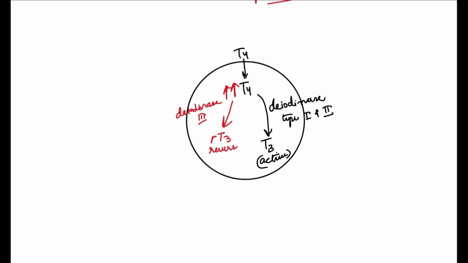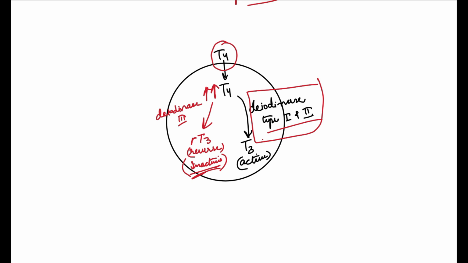This is the reverse T3, which is the inactive form. And that's how the cell handles the excess of thyroid hormone. T4 enters into the cell and converts into the active form with the help of deiodinase type 1 and 2. And if there is excess of T4 in a cell, then deiodinase type 3 converts the T4 into the reverse T3, which is the inactive form.